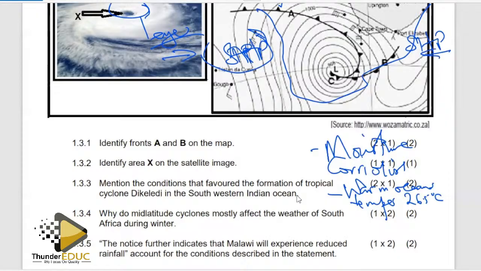It blocks any weather system which wants to get into the interior. So in winter, we know that these subtropical anticyclones move with the latitudinal position of the intertropical convergence zone. In winter and in summer, the ITCZ position differs.